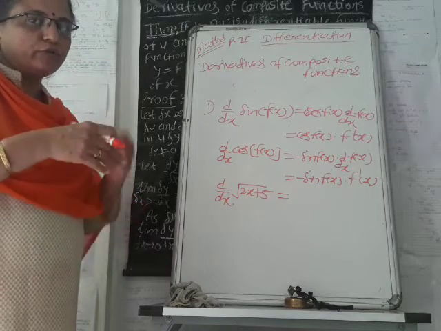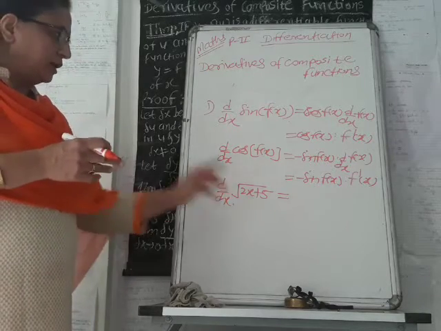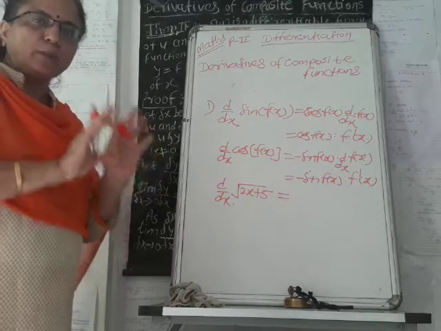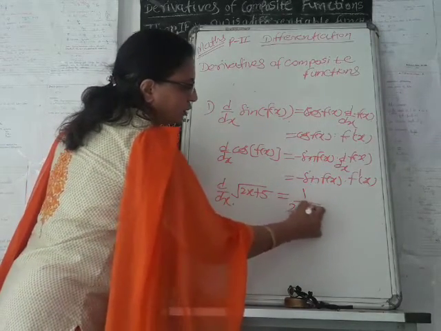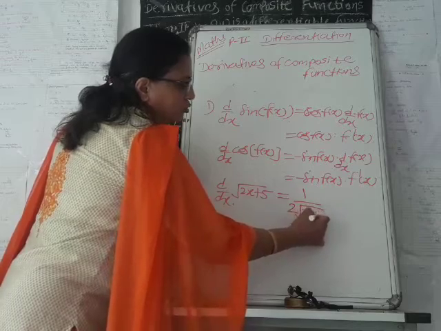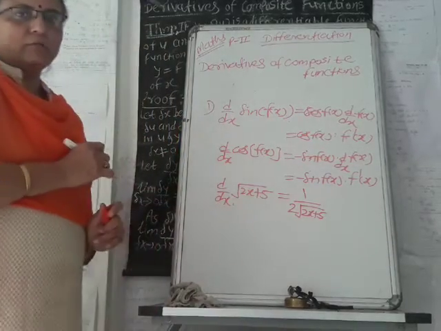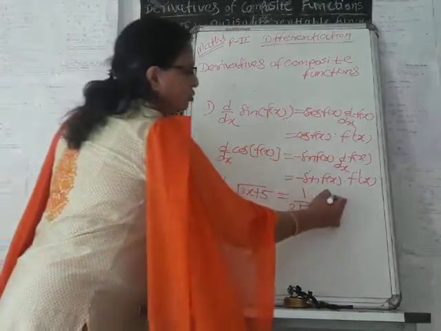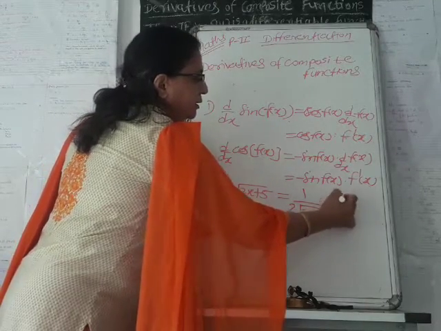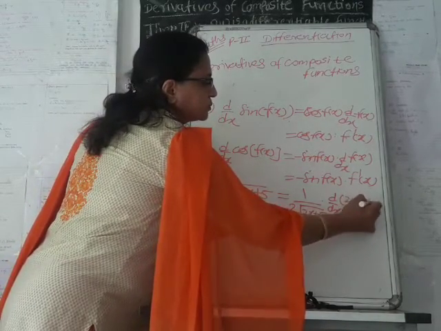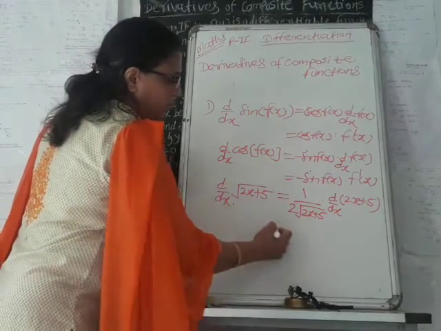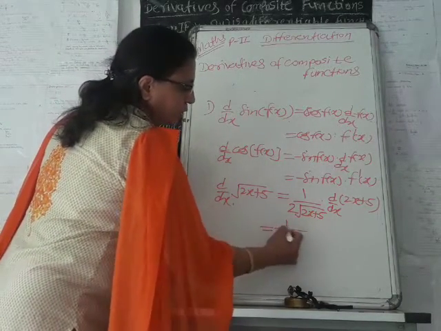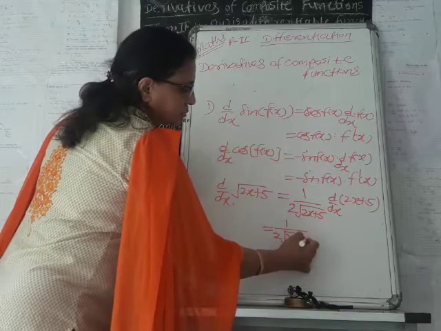So which derivative can we find first easily? Under root, because we know the derivative of under root. The derivative of under root is 1 upon 2 into under root 2x plus 5, and into d dx of 2x plus 5.